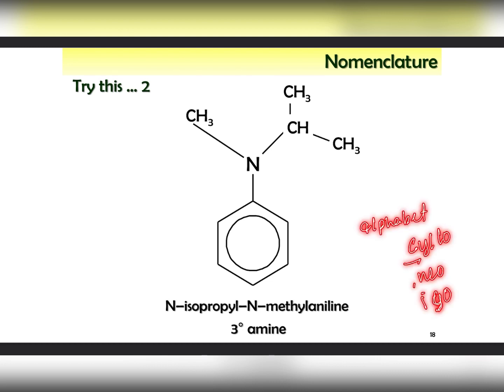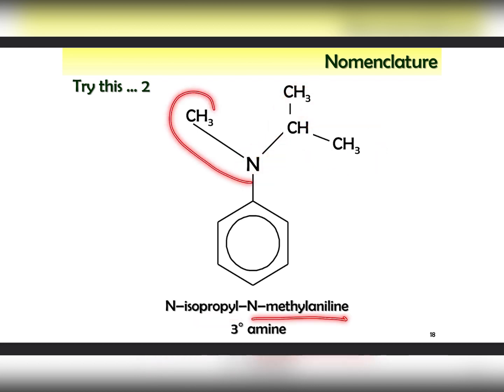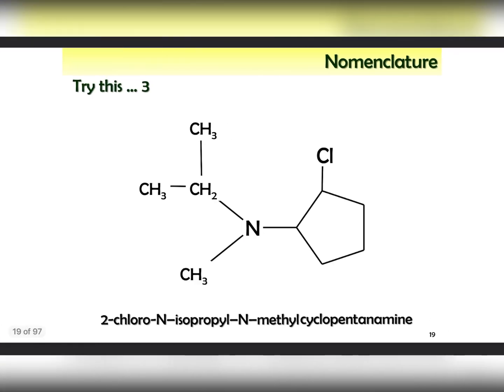So these three kita akan ikut alphabet. So I come first and then baru M. So it will be N-isopropyl and then N-methyl aniline.